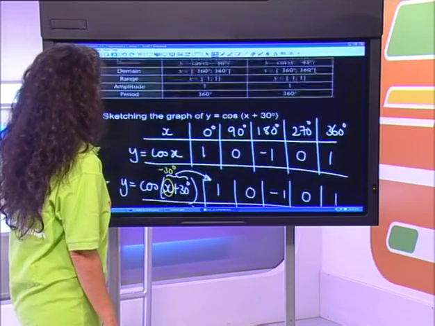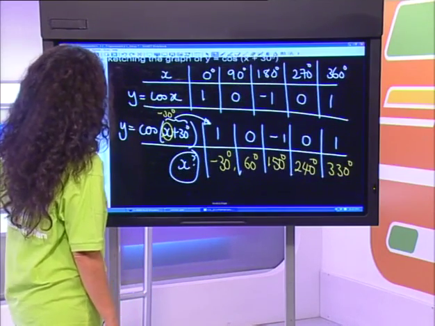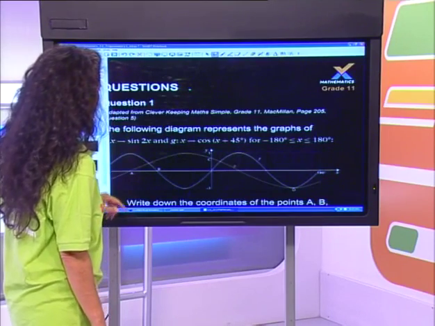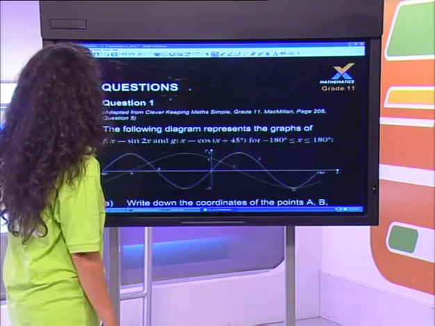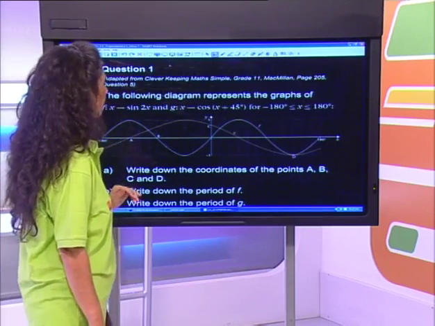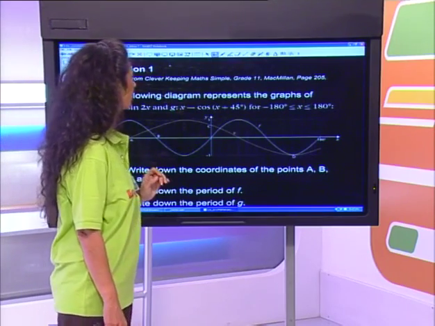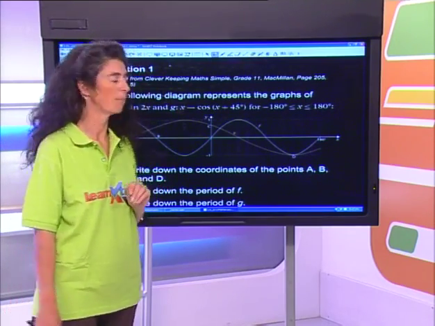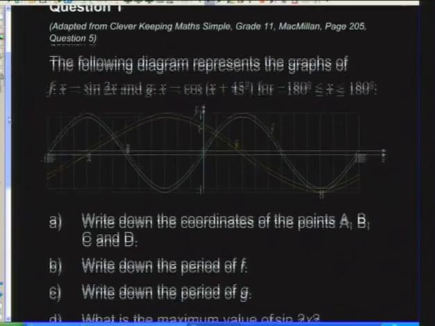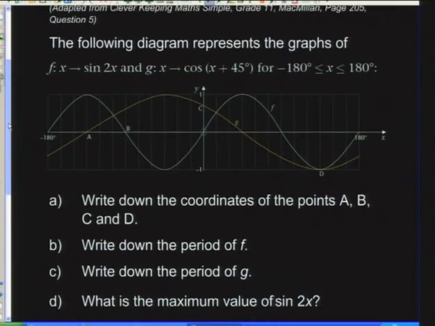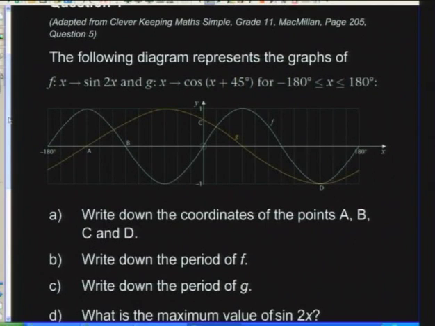Okay, let's see this in action in terms of what an examination question would look like. And I've taken the liberty to use Macmillan's grade 11 textbook, Clever, Keeping Maths Simple, and just looking at two functions that have been drawn, sine 2x and cos of x plus 45. And they've given it to us in the domain negative 180 to 180.